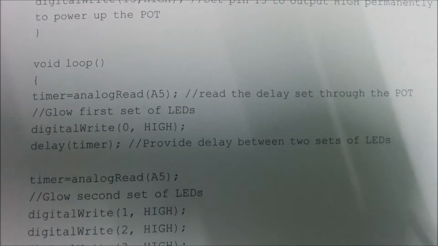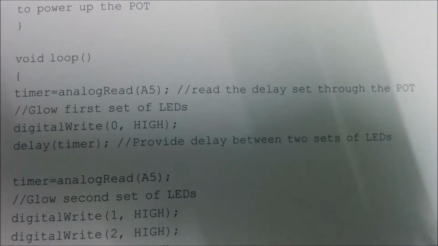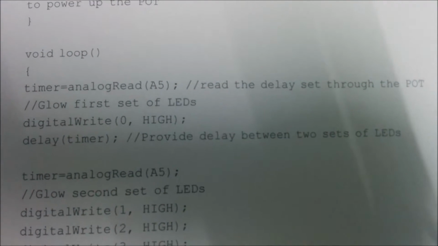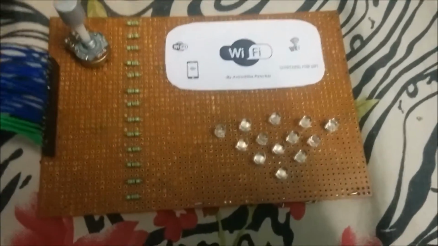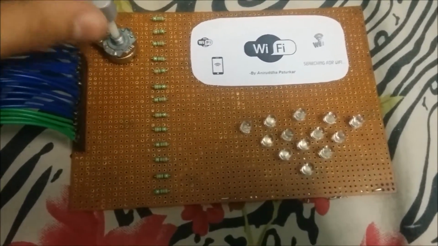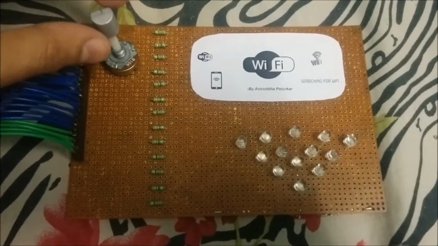First, we would be reading the setting of the pot each time before we glow the set of LEDs. This is because the user can vary this pot at any arbitrary time.